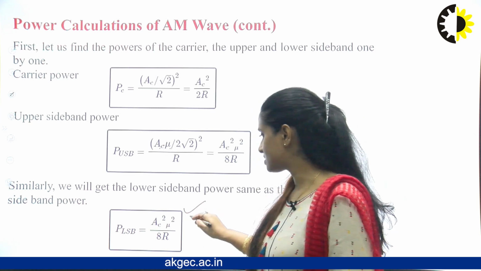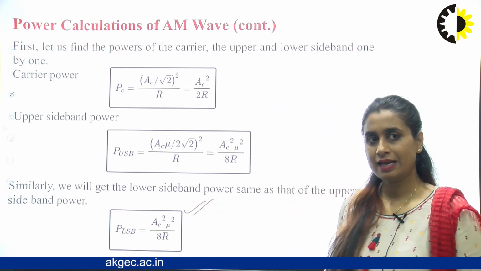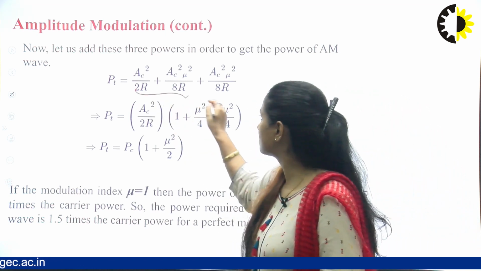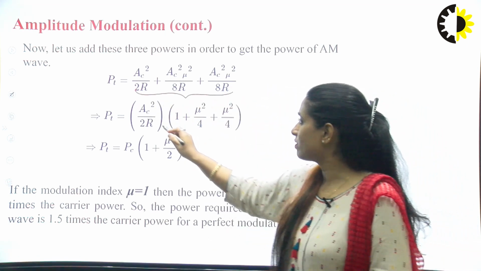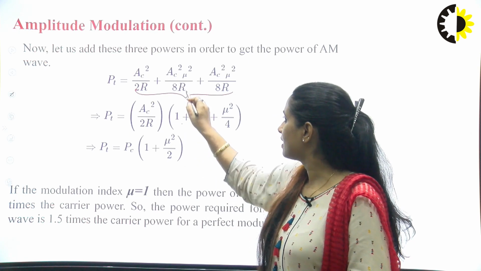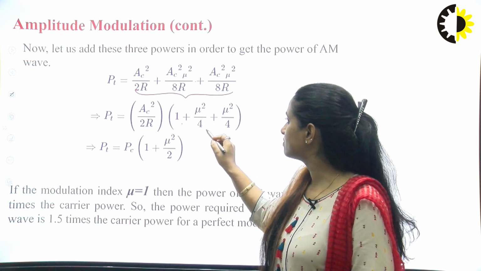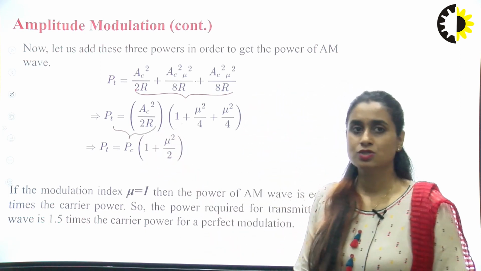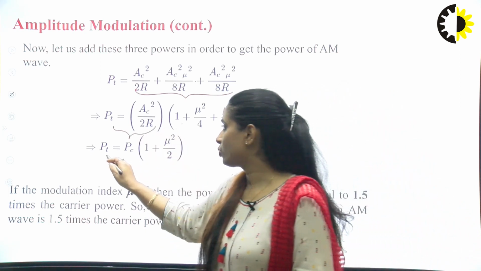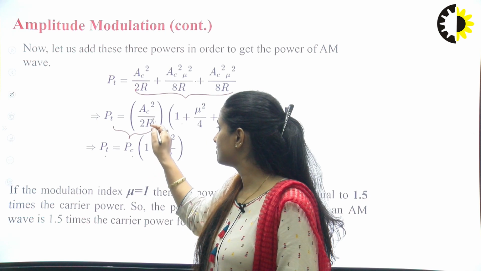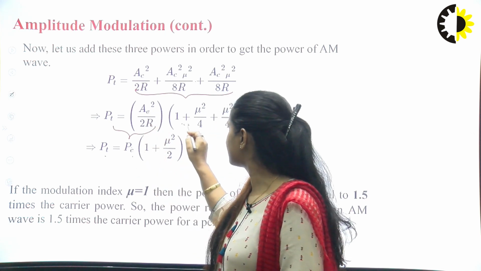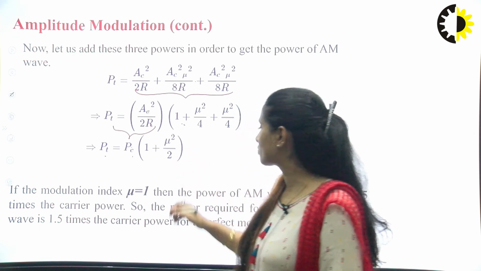Similarly, for the lower sideband, Ac square mu square by 8R. So adding all three values, what do we get? Ac square by 2R, and using these two and further solving it, we get total power equal to Ac square by 2R, which can be rewritten as Pc into 1 plus mu square by 2.